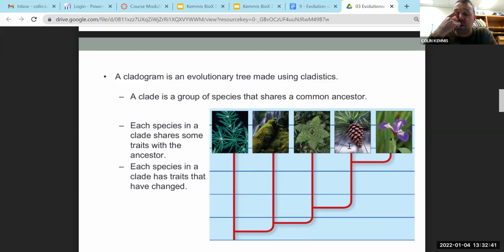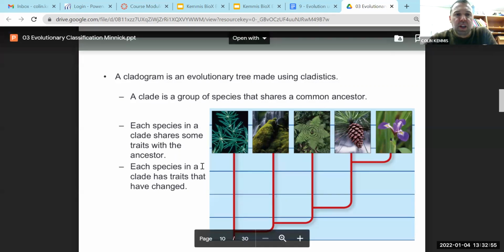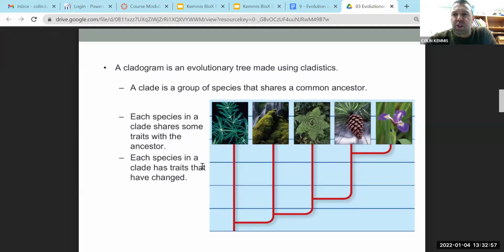We have the Coniferophyta, which you might have heard of as conifers, and then the Angiospermophyta or angiosperms. That's all the flowering plants, and all these would be in the plant kingdom. They would all share traits of plants. And as new traits are derived, they would branch into new groups here, new clades.